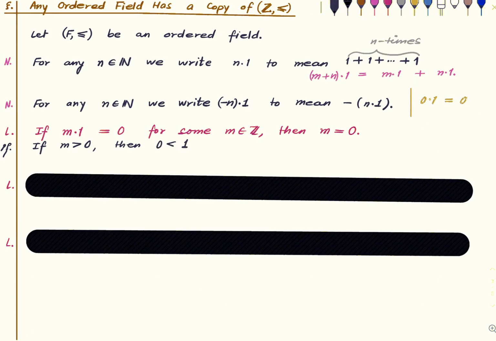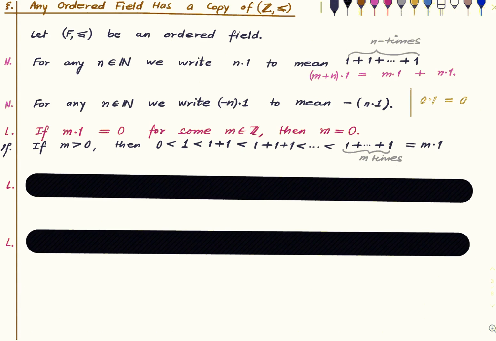And since you can add a positive entity on both sides and preserve the inequality, we would get 1 is less than 1 plus 1. Which again by the same reasoning is less than 1 plus 1 plus 1. And if you keep going, at some point you will reach m ones, which is nothing but m dot 1.